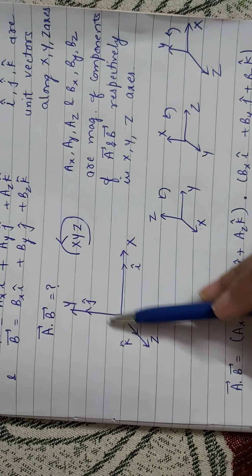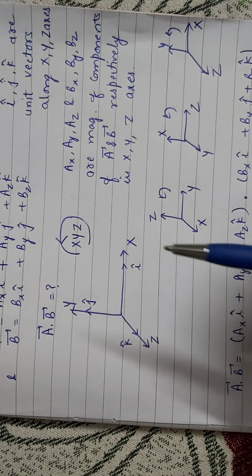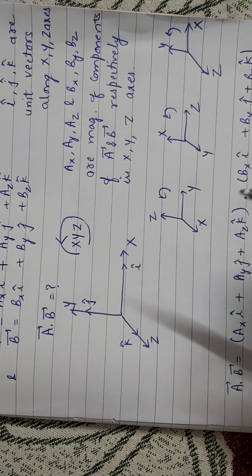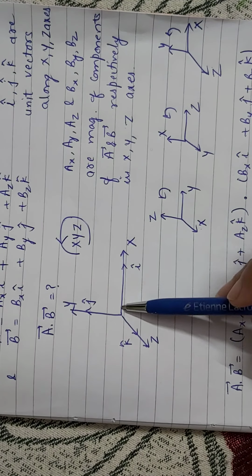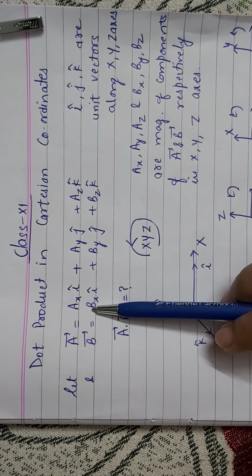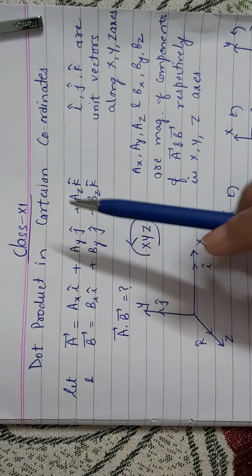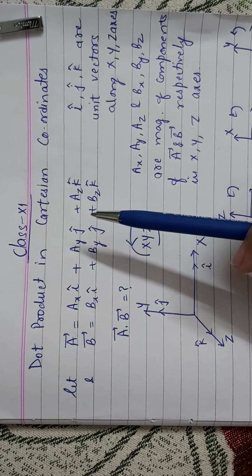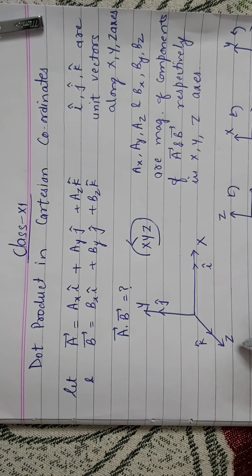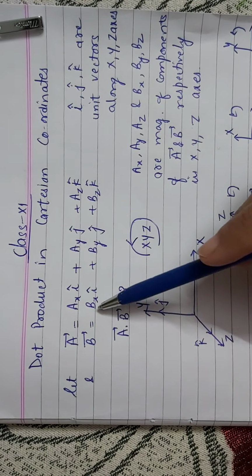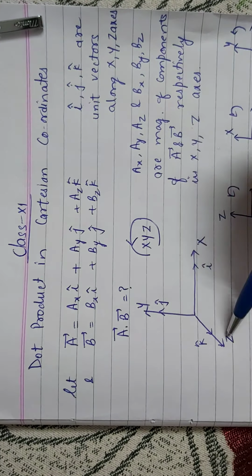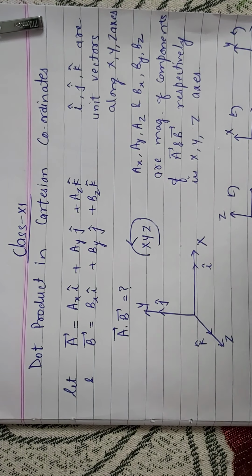And the i vector, j vector and k vector are the unit vectors. That's why I have put the cap on them. They represent that the magnitude is unity and their direction is along x, y and z respectively. Similarly, ax, ay and az, and bx, by and bz are the magnitudes of the components of vectors a and b in the x, y and z directions respectively.